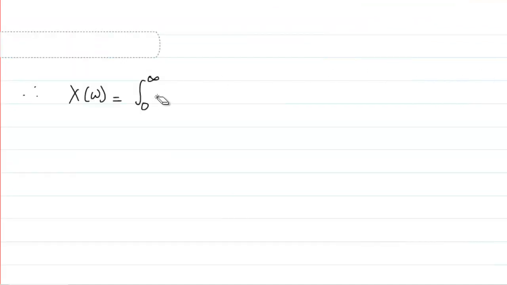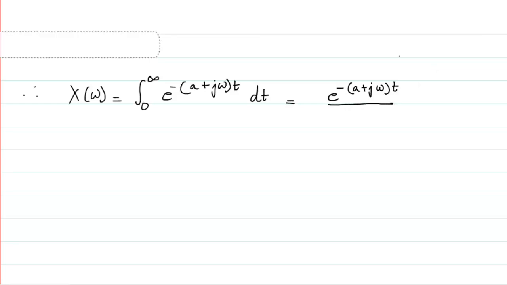So I will write this as e raised to power minus of a plus j omega t dt, and we know that the integration will be e raised to power minus of a plus j omega t divided by minus of a plus j omega, with the limit of 0 to infinity.